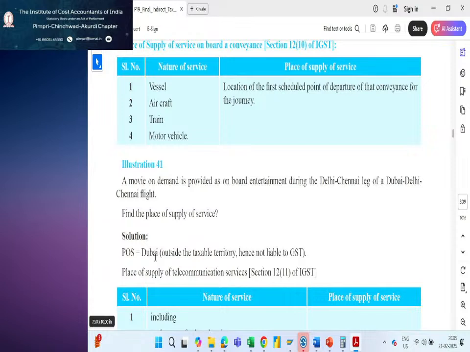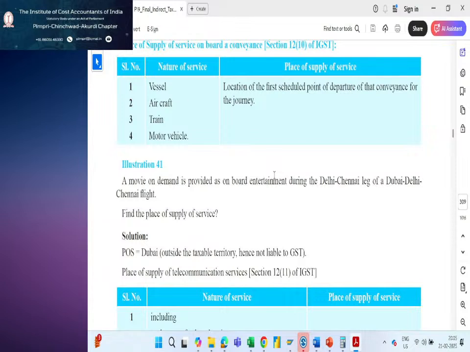So we should be very careful in finding out the place of supply of service. Even if we are finding, you should mention the section as well. So here in this particular case, it is supply of service on board a conveyance. So they have mentioned in this particular example the entertainment, what time the entertainment started.